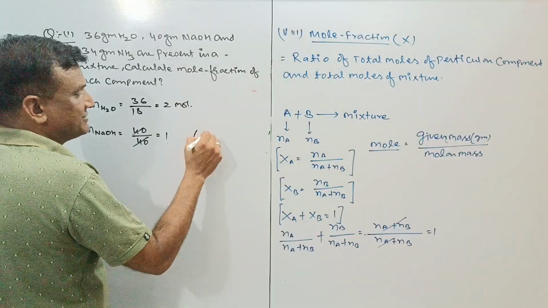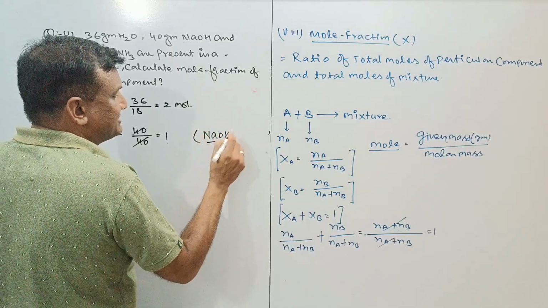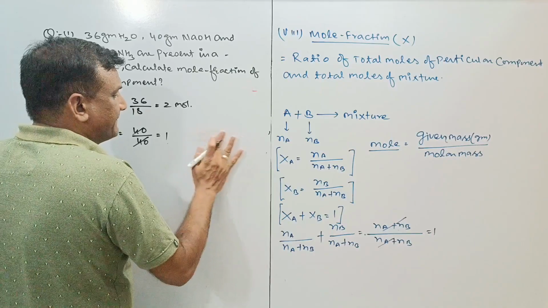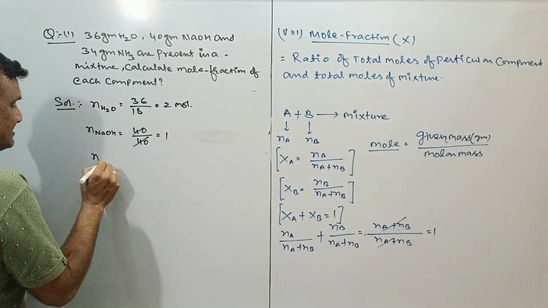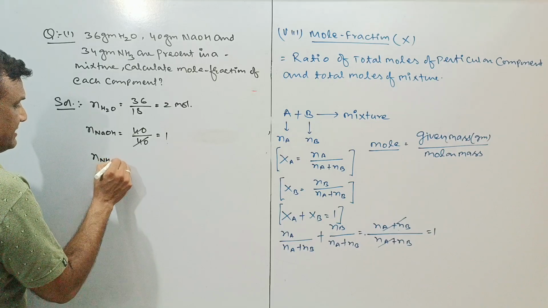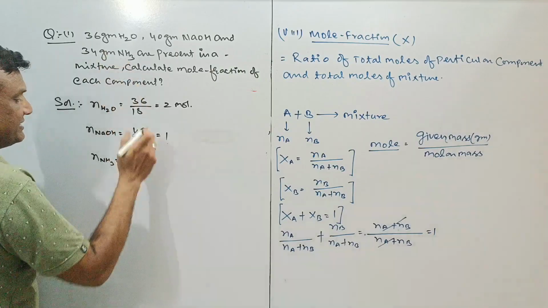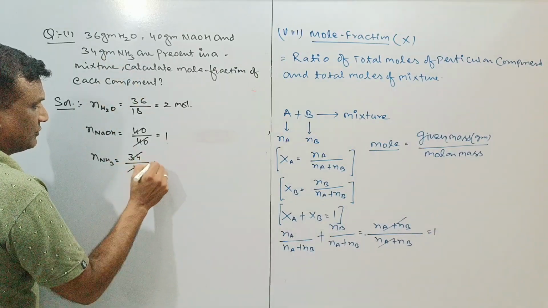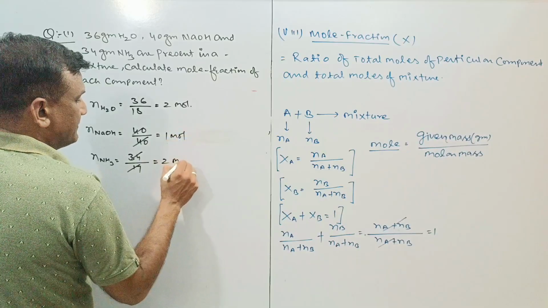You can calculate using the formula NaOH: this is 23, this is 16, this is 1, so it will be 40. Now moles of NH3, n of NH3, it's 34, NH3 is 14 plus 3, that is 17, total moles is 2. Here's the 1 mole, here's the 2 mole.